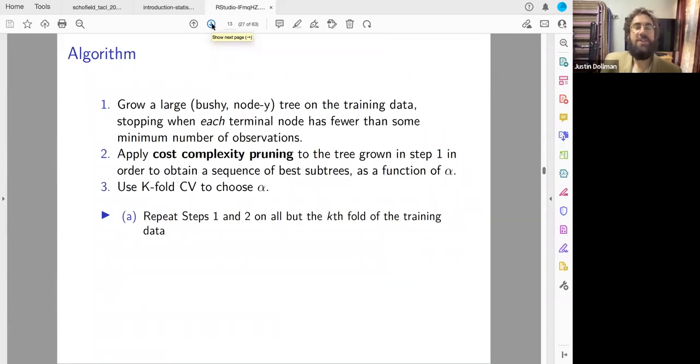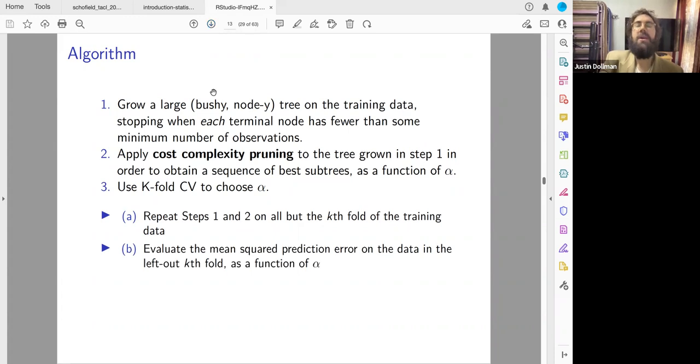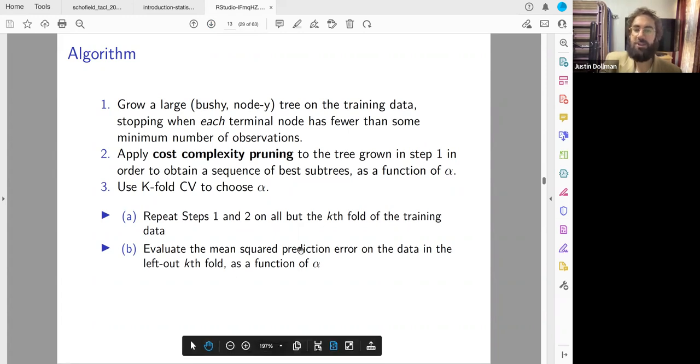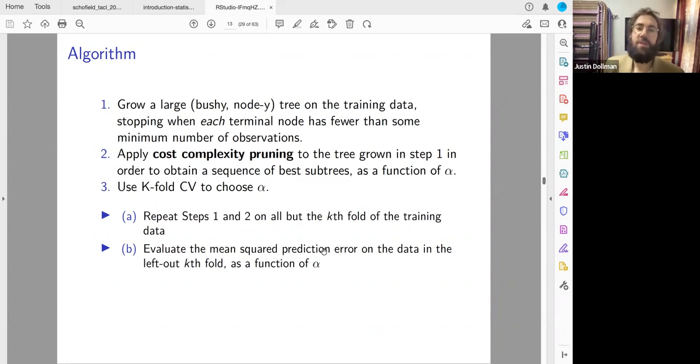And so you see how good your out of sample predictions are for different levels of alpha. Here mean squared prediction error is what they write, but you don't have to use mean squared prediction error, just some estimate of model goodness. And that is how you determine which level of alpha you ultimately use.